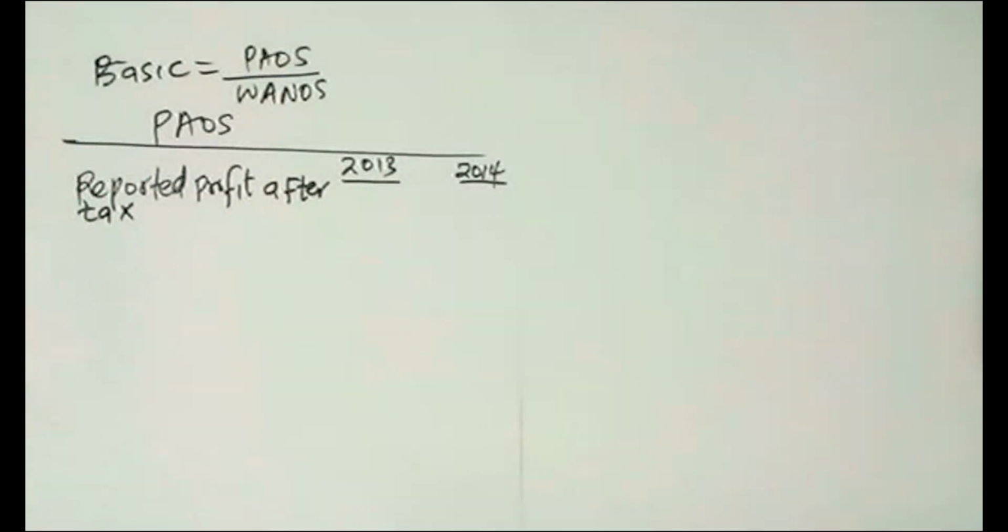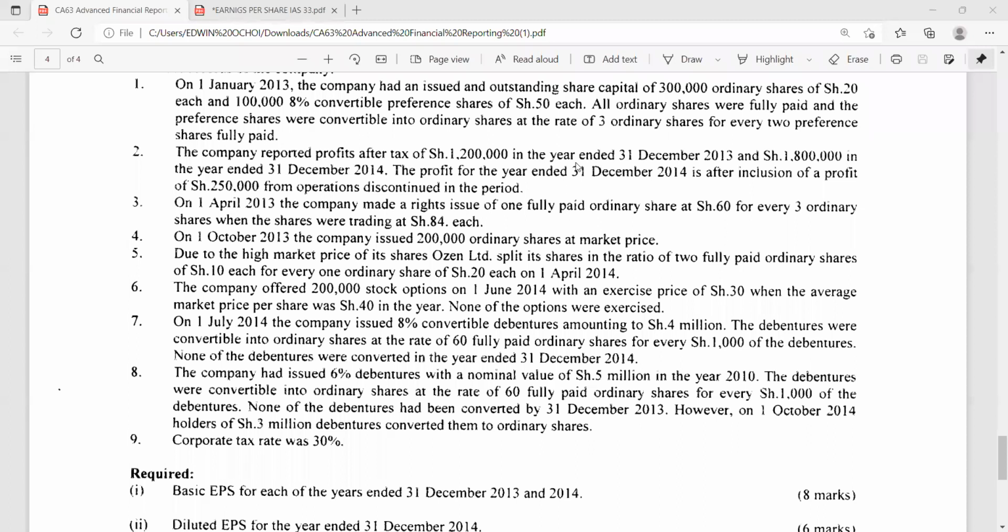The reported profit after tax was provided in additional information number 2. What you need to know is that when you are doing basic EPS, you use profit from both continuing and discontinued operations. Checking in additional information number 2, the company reported profit after tax of 1.2 in the year ended 31st December 2013 and 1.8 in the year ended 31st December 2014.